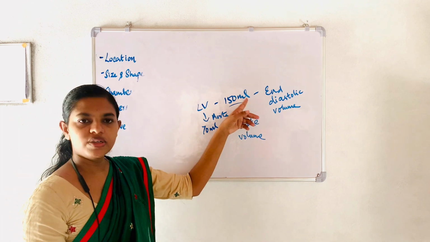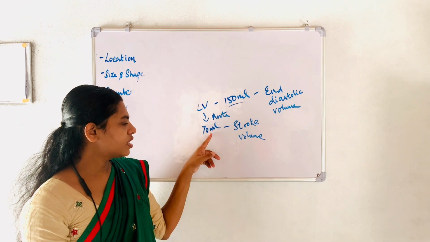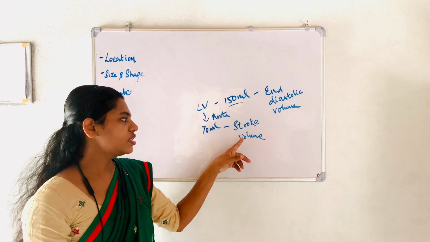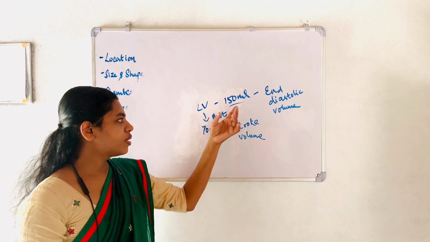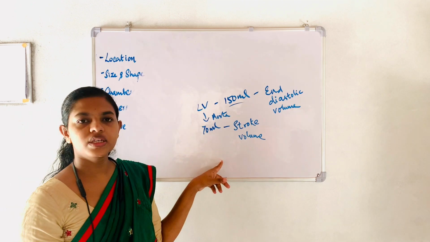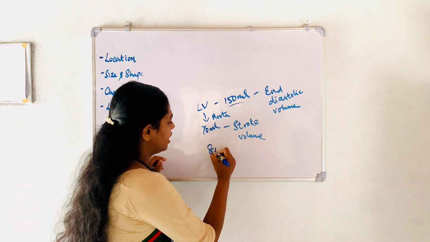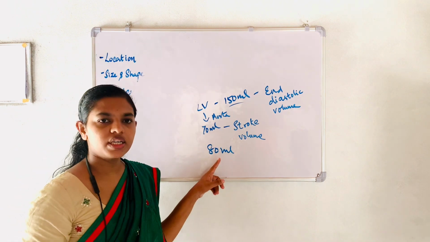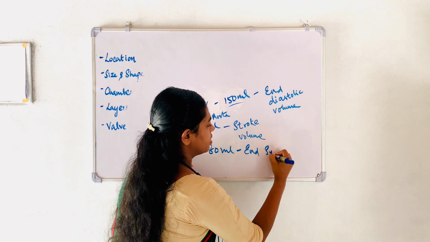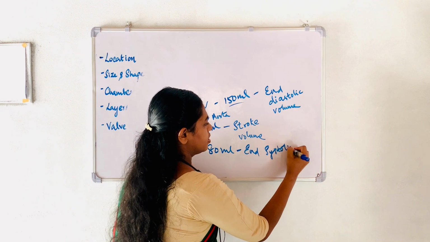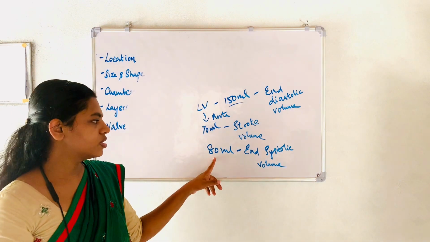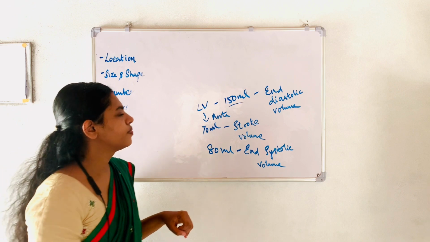So that is 150 ml, and with the ventricular contraction, 70 ml is pushed out. That is stroke volume. So from the 150, 70 has gone. How much is remaining inside? 80 ml is remaining inside the LV. So this is known as end systolic volume.